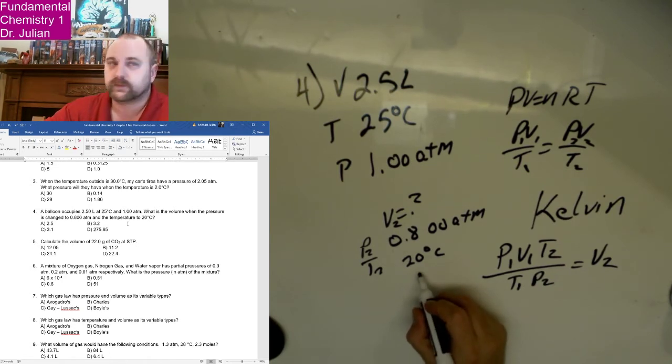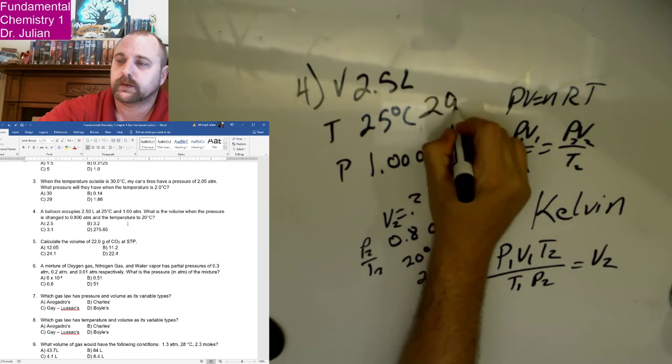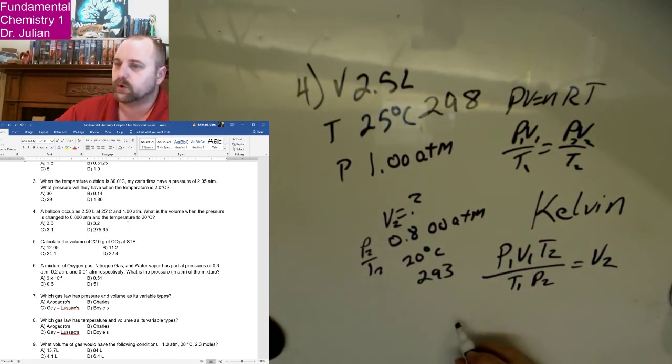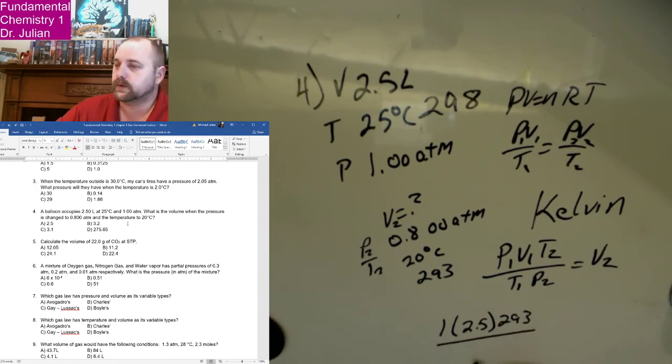Now let's make this one down here 293, and this one will be 298. So not much of a change there. P1 is 1, V1 was 2.5, T2 is 293. Be careful about which one you put where. T1 is 298, and P2 is 0.8.